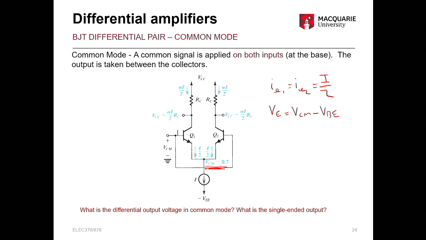And our VC, this point, that's going to equal our VCC minus the drop across that resistor, which will be alpha I divided by 2 RC, because we know our emitter current is I divided by 2, and we know from our simple transistor equations that that means our collector current will be alpha times IE. Yep. So that's again just from the standard operation of a BJT in the active region.